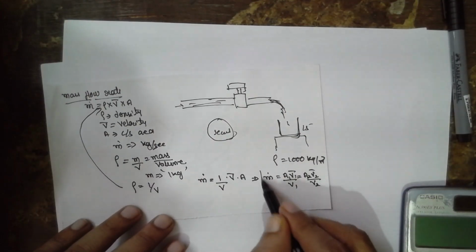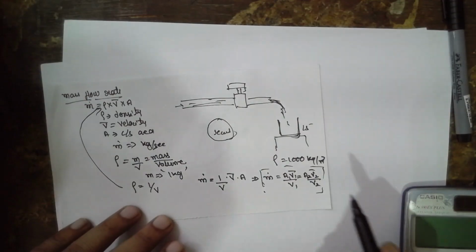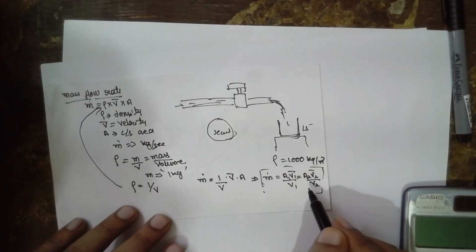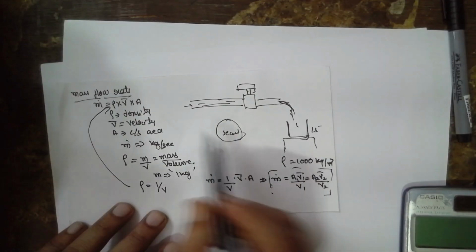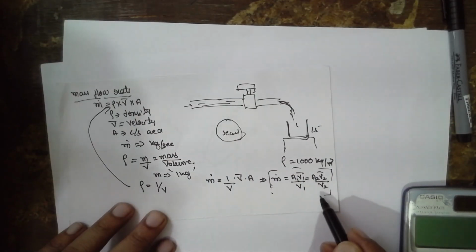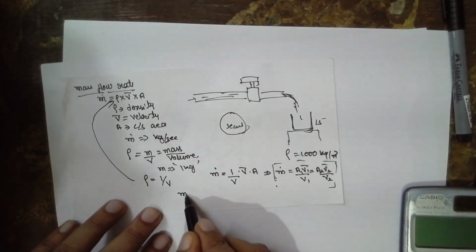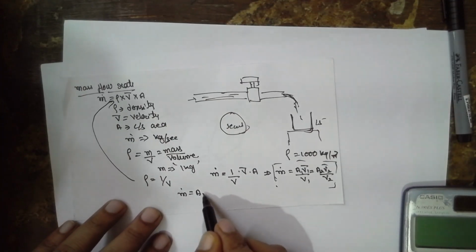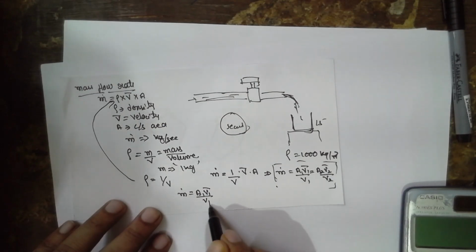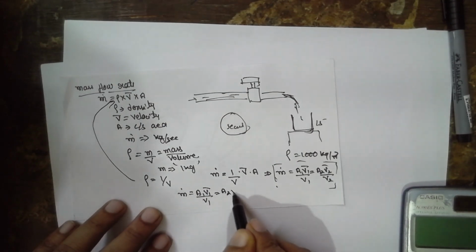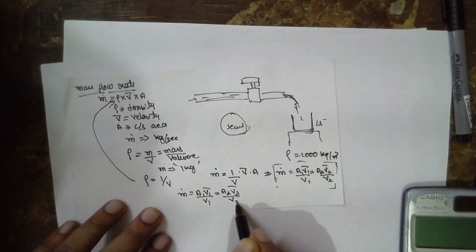This is the formula for the continuity equation. We are using the mass flow rate and continuity equation for solving the problems. The formula stands as m dot equals A1 V1 bar divided by V1 equals A2 V2 bar divided by V2, inlet and outlet.